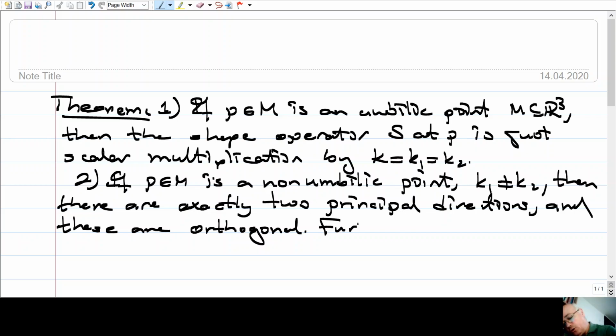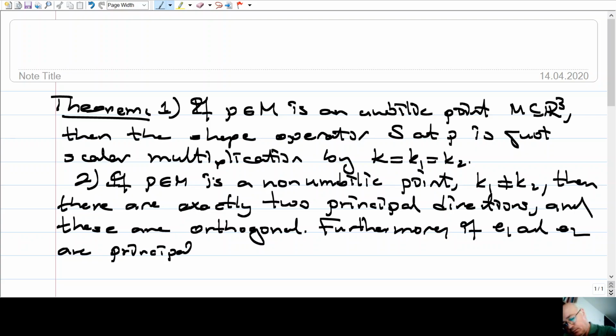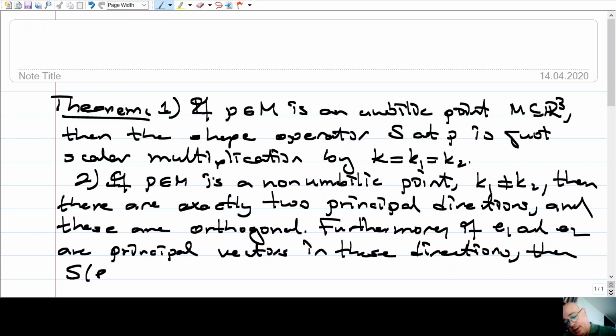Moreover, furthermore, if E1 and E2 are vectors in these principal directions, then S E1 is just K1 times E1 and S E2 is K2 times E2.